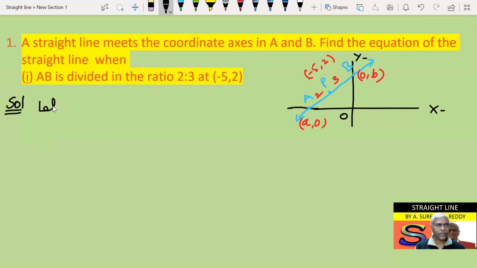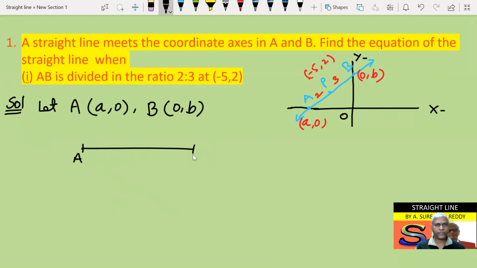Now, let point A be A comma 0 and B as 0 comma B, and this line AB segment is divided with P in 2:3 ratio.